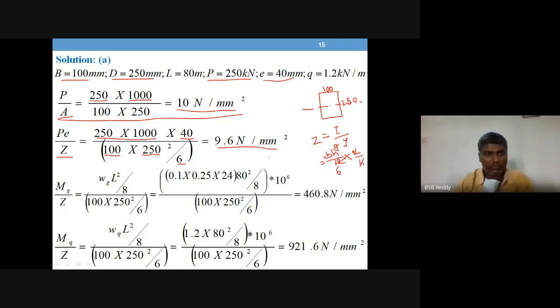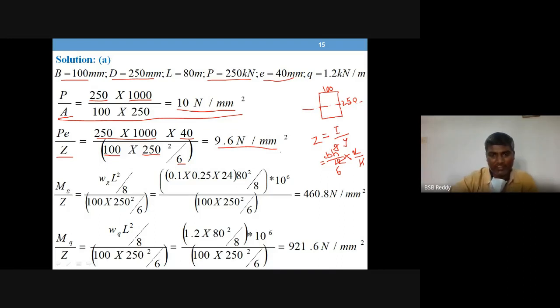So this is due to the pre-stressing tendon. We have a direct stress of 10 and a bending stress of 9.6, both at top and bottom. Top tension, bottom compression anyhow.